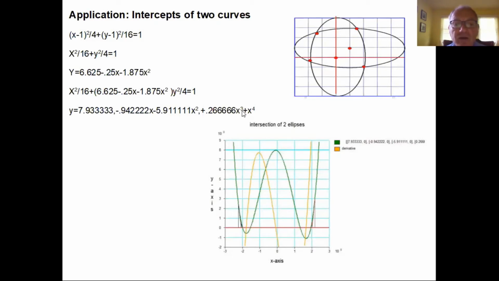Now, we can solve fourth-degree equations with a formula, but in this case we're using our Newton-Raphson technique, and it ends up coming out with 4 roots, which we then put back into this equation, and we get the intersections for these two ellipses.